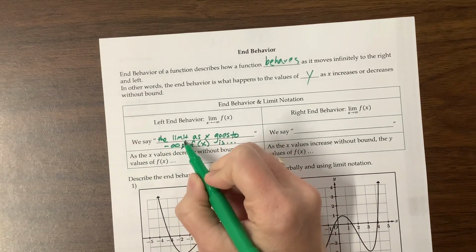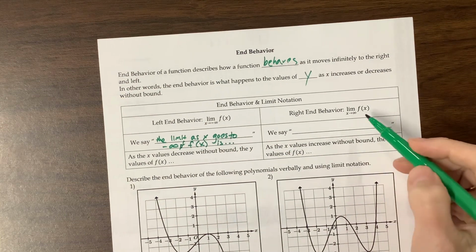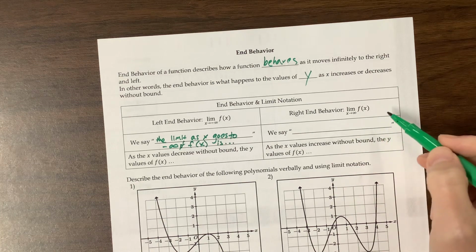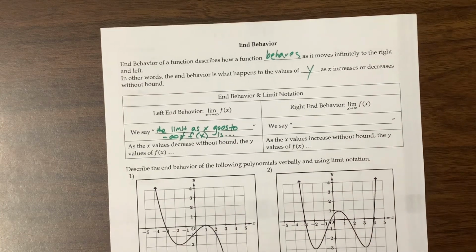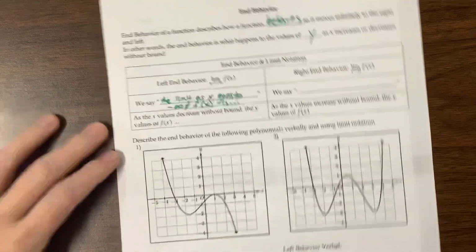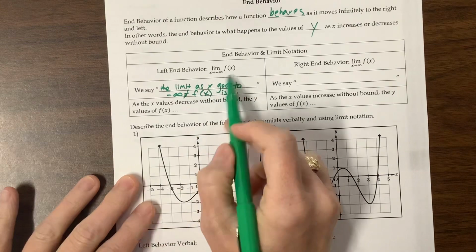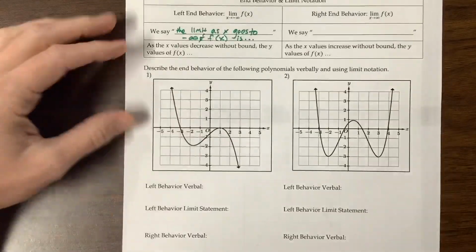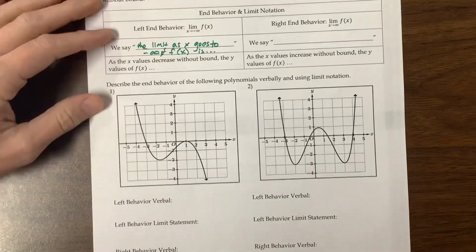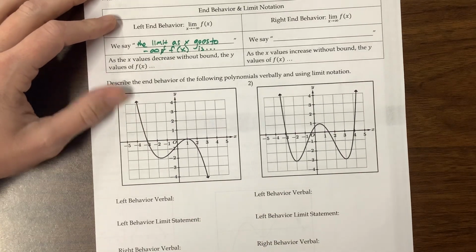On this one, we would say it's the limit as x goes to infinity of f of x, and so forth. You can say it other ways, but I prefer that we know how to say it the proper way. So on this one here, I'm just going to practice using that limit notation.